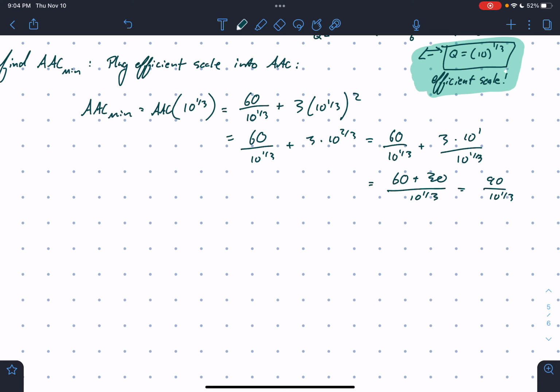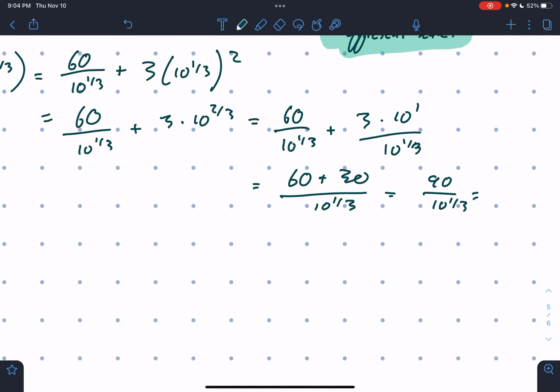Okay, so this is the average avoidable cost. I could also write this as 9 times 10 over 10 to the 1/3. The algebra never stops. So this is 9 times 10 to the 2/3.